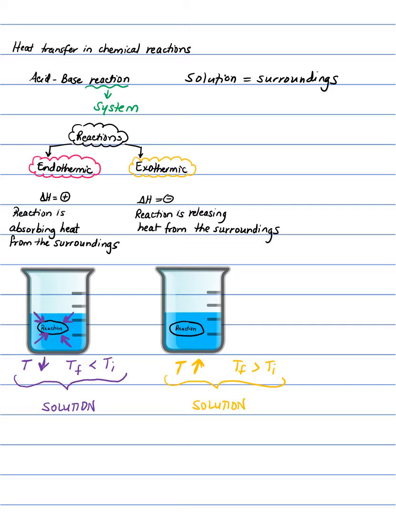So the arrows here are pointing from the reaction towards the solution. So the heat is being transferred from your exothermic reaction into the solution. And we can calculate enthalpy, delta H, for a reaction.